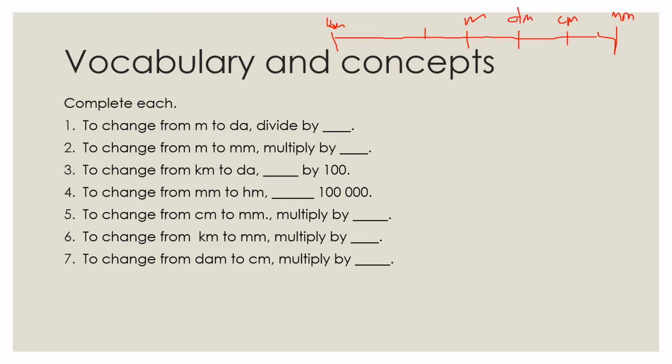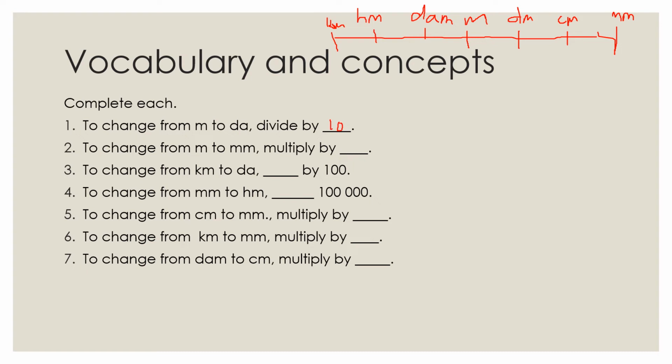And then we have, for the meter is the decameter, the dam or the DA, and then the HM. Hectometer. Oh, okay, it's better to put M. So here, this is decameter. So to change from meter to decameter, we need to divide by 10. No? So divide by 10.